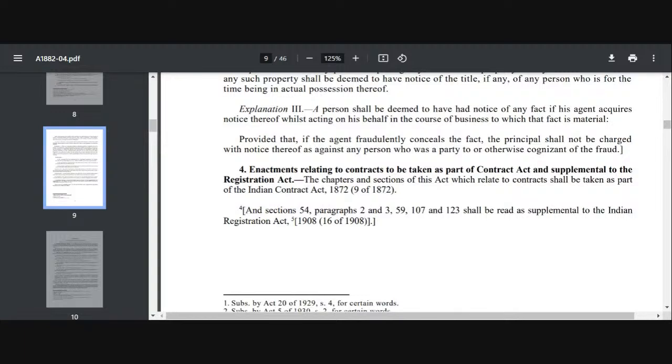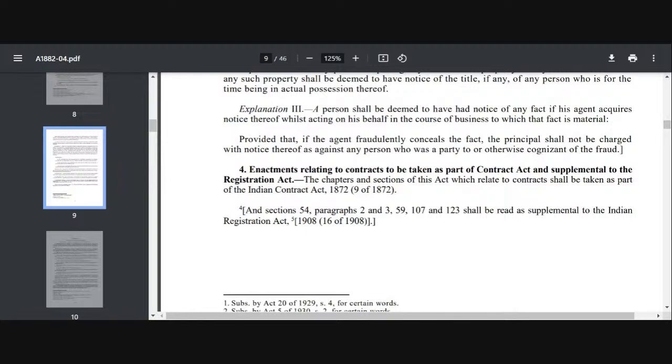And there are some sections, which are 54 clause 2 and 3, 59, 107 and 123. ये आपको Indian Registration Act के साथ पढ़ना है, because these sections are providing for registration of document under sale, under 107, that is under mortgage, ठीक है, lease and gift of immovable property.